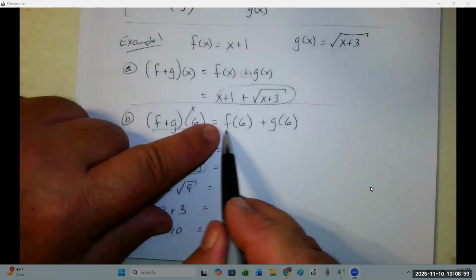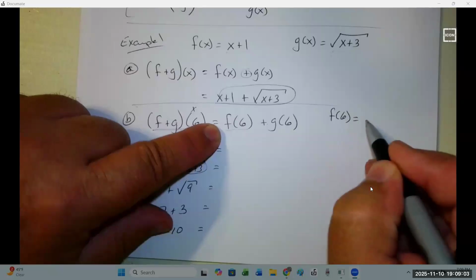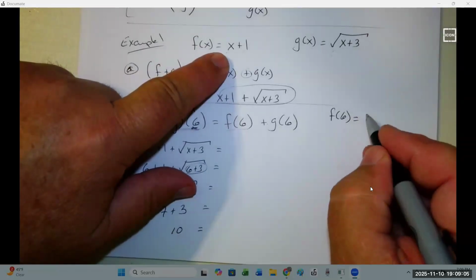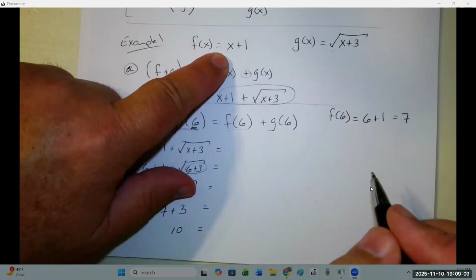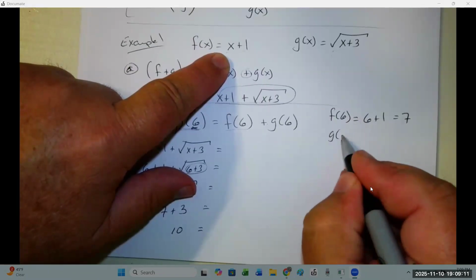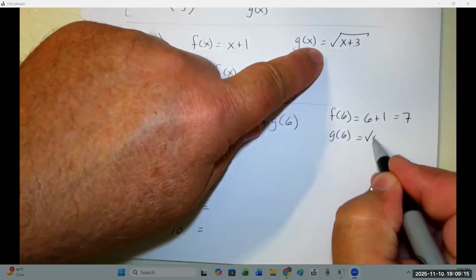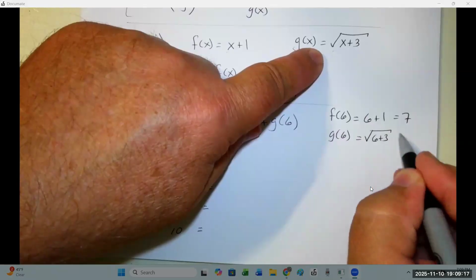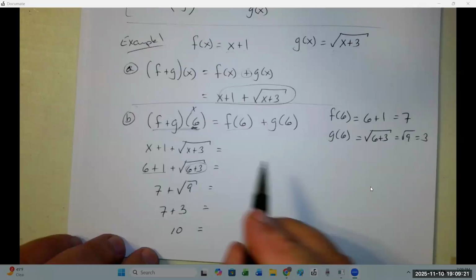It says, let's first take f of 6. Well, f is x plus 1, so 6 plus 1 is 7. And g of 6 is the square root of 6 plus 3. The square root of 9 is 3.